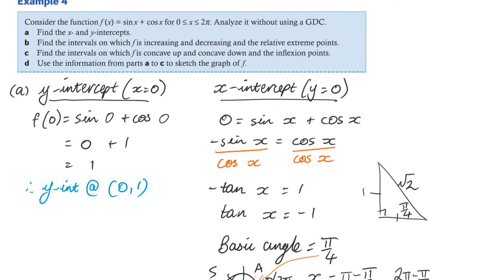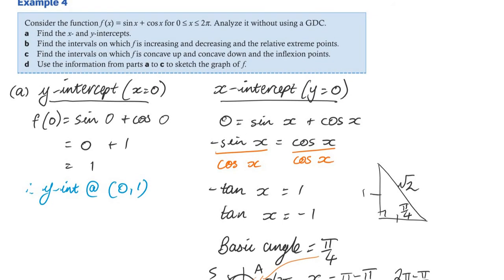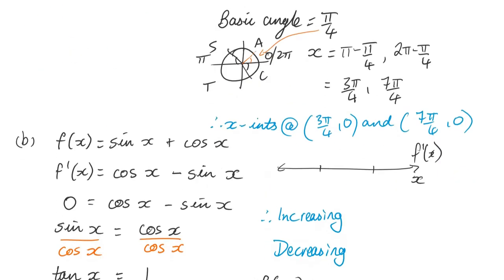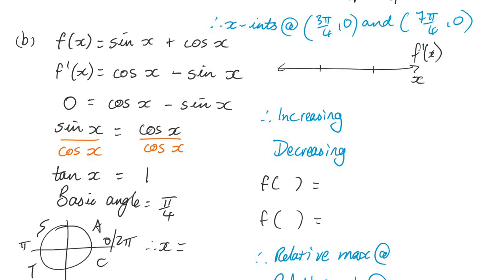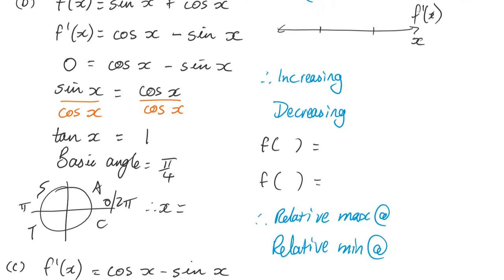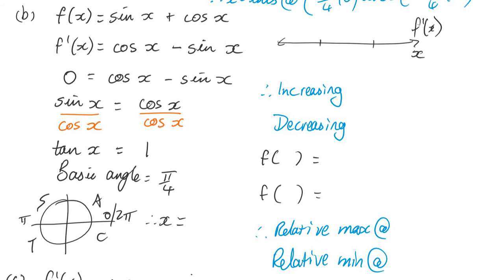The next one asks us to find the intervals on which f is increasing and decreasing and the relative extreme points. The order of that question is not the order in which I'm going to do it. The very first thing I'm going to do is find those relative extreme points. So, going down to B. Because we're looking for relative extrema, that means the gradient is going to be 0 at those points.